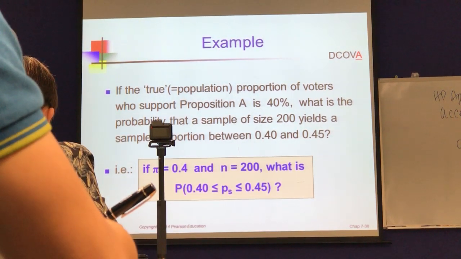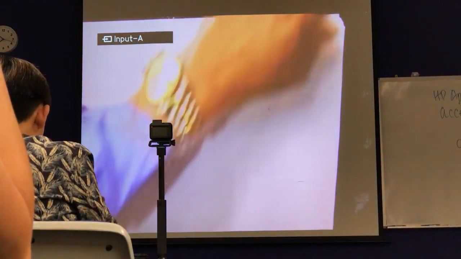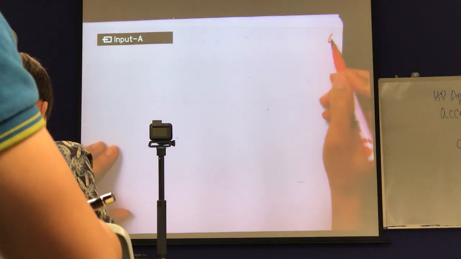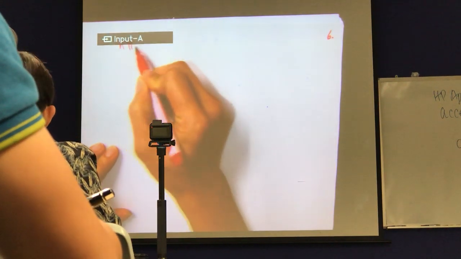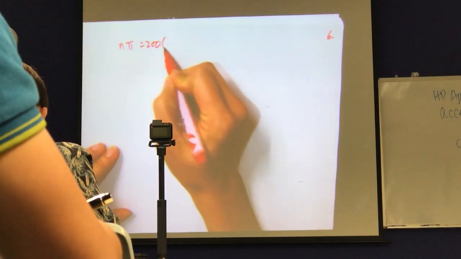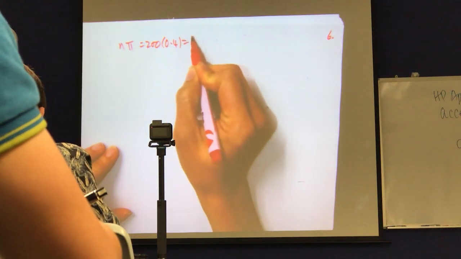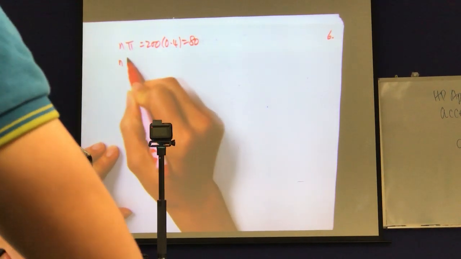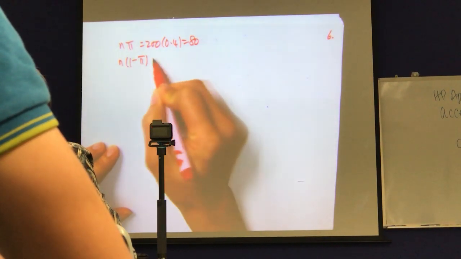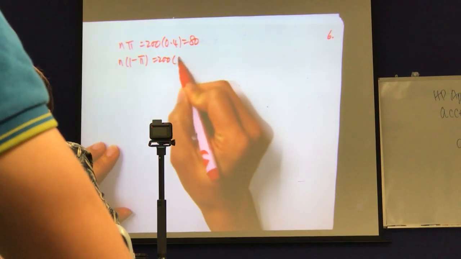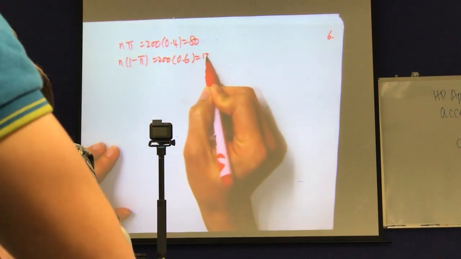So let me write it down at the side there. You write down n pi is 200 times 0.4 equals 80. The other one is n times 1 minus pi, which is 200 times 0.6, equals 120.